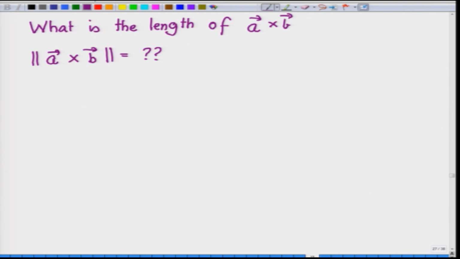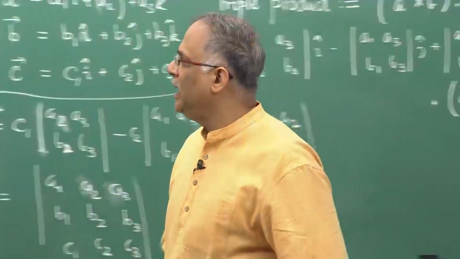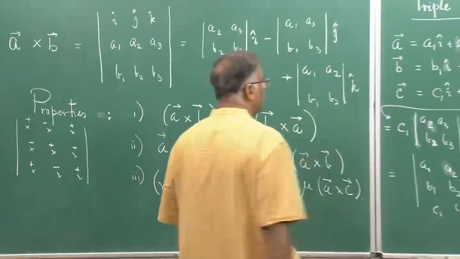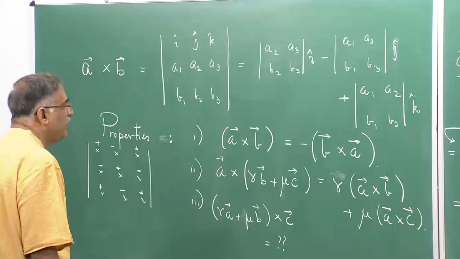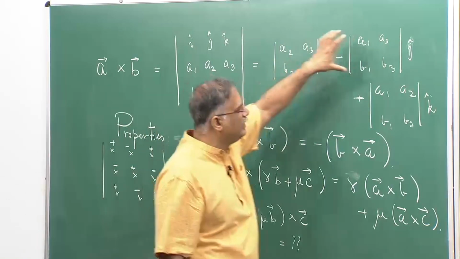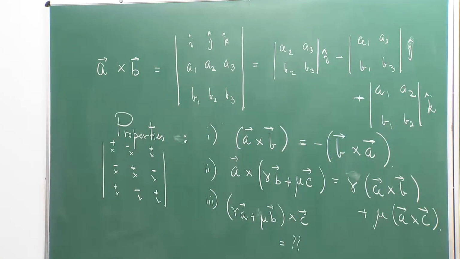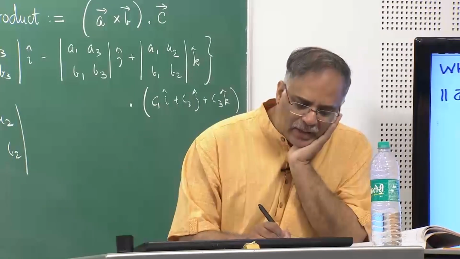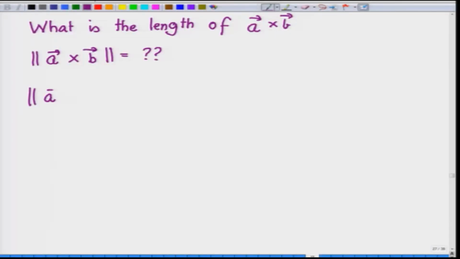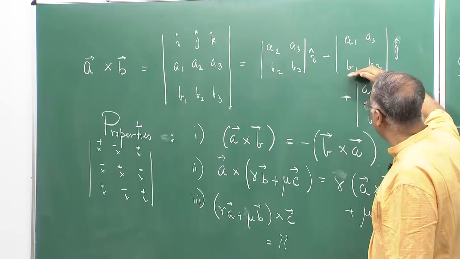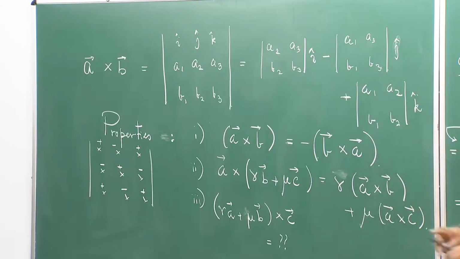Okay. Now, how do I do it? I first have to note that A cross B is nothing but a vector whose coordinates are these three determinants. So, if I write the norm squared, it is the square of the value of this determinant, plus the square of the value of this determinant, plus the square of the value of this determinant.